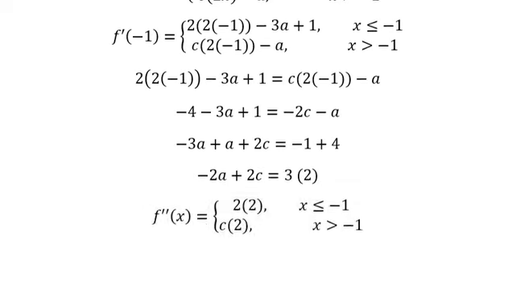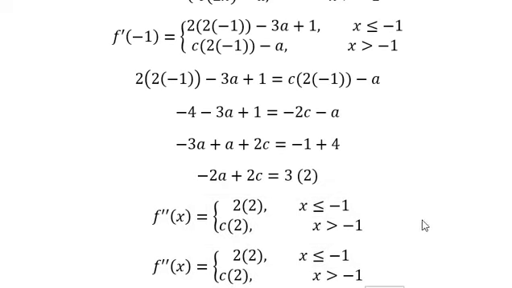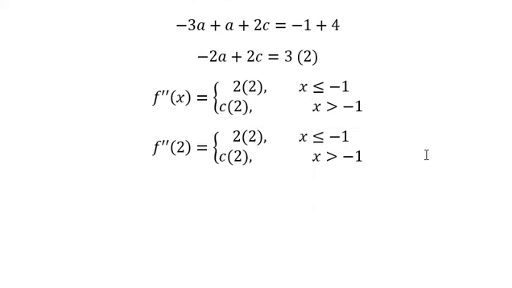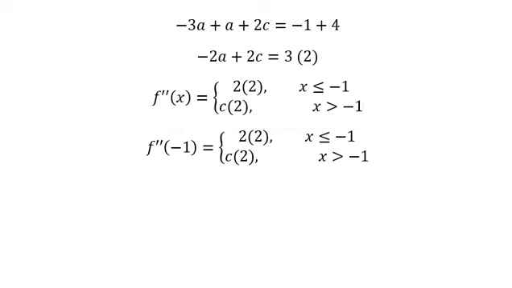And now we put 2 in here, and they don't change anything. So in this situation, the value on the left and the value on the right should be the same.